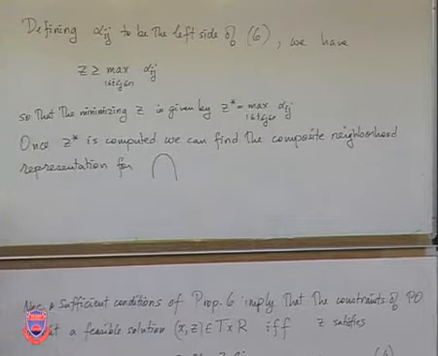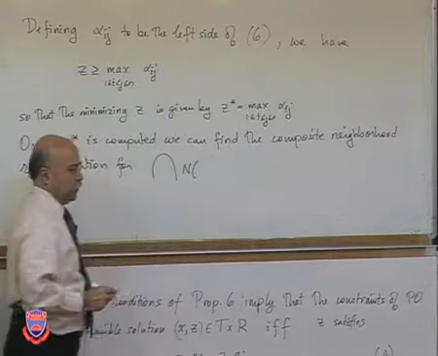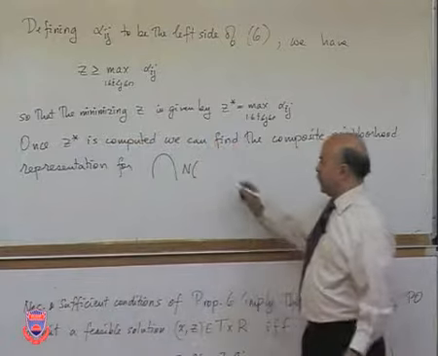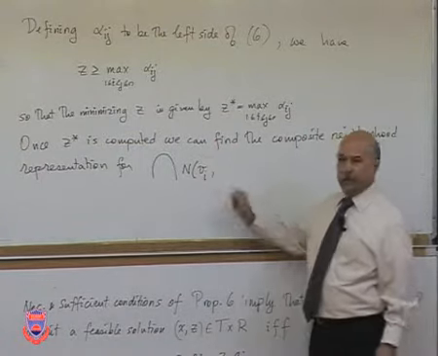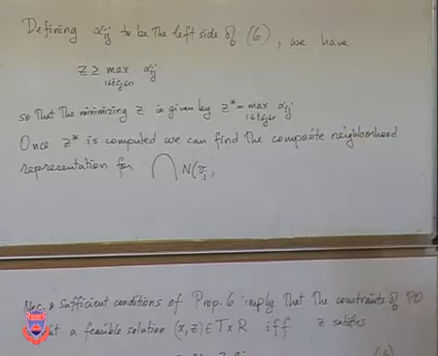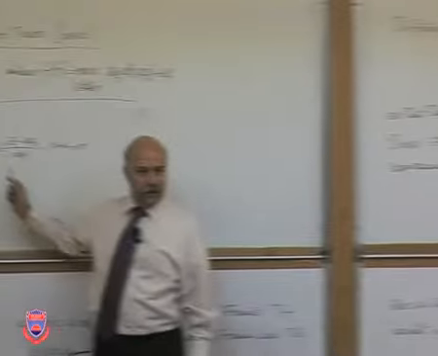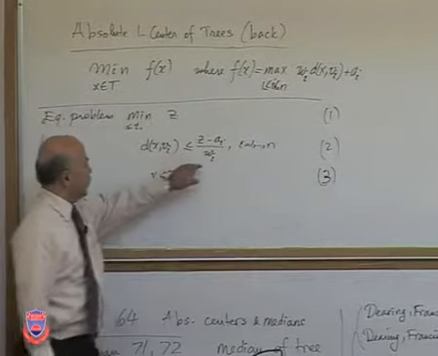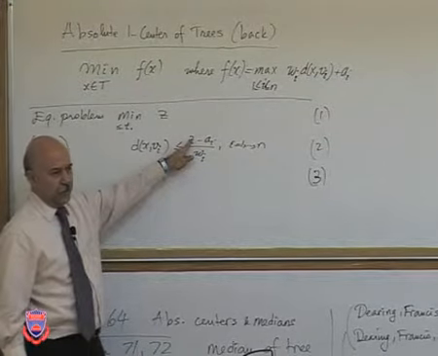So once your z star is available, all you have to do is look for the intersection of neighborhoods. They are centered at each Vi. The upper bound is how much? Where's the upper bound? The upper bound is here in P0. That becomes your Ri with the fixed value of z at z star.